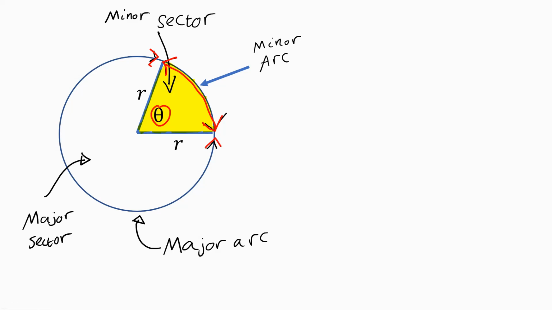We can think of a situation like this just being a fraction of a circle. So if we want to work out the length of this minor arc, what we need to do is work out what fraction of the circumference we have, and the fraction is going to be theta out of the angle in the full circle, which is 360.